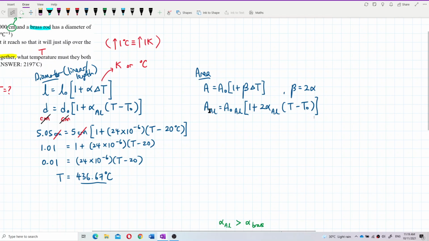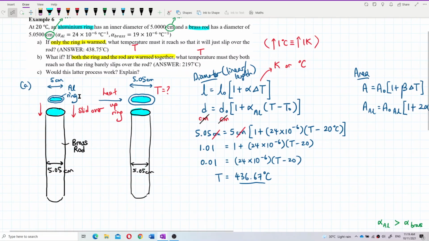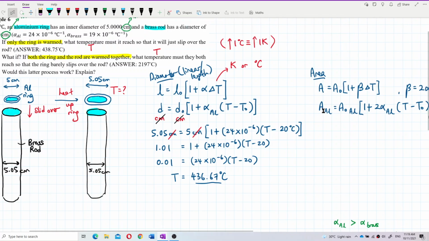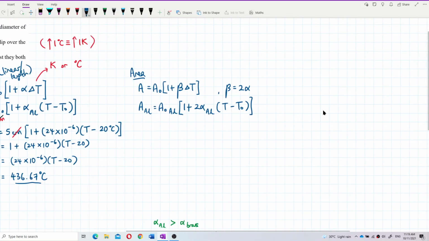But how to find the area? What's the formula for area of a circle? Area of a circle is pi r square, isn't it?